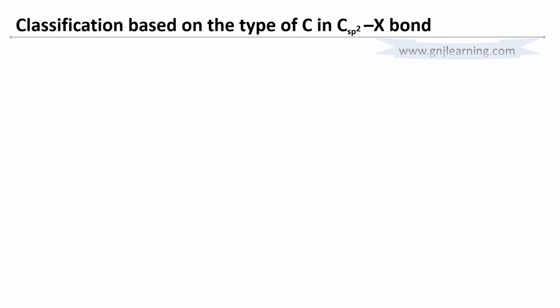Finally, we have another classification that is based on the carbon onto which X is attached, but here the carbon is not sp3 but sp2. So sp2 carbons are of two types. Let us see. Here the carbon is in sp2 hybridization but not a part of a ring. Such a carbon which is sp2 hybridized and aliphatic is part of a straight chain compound.